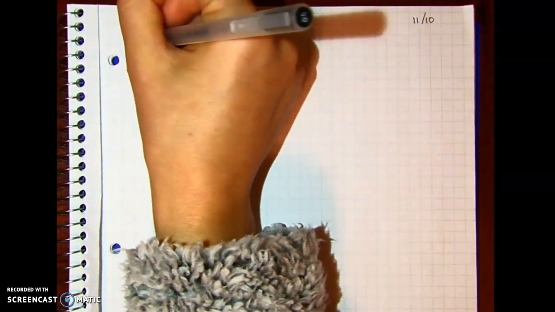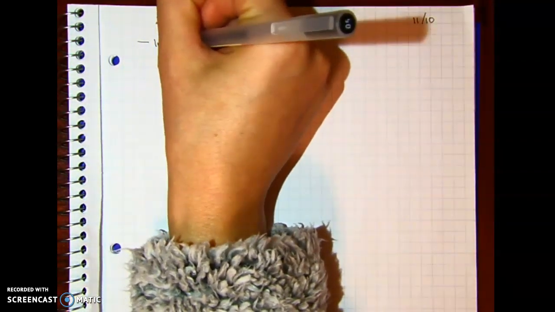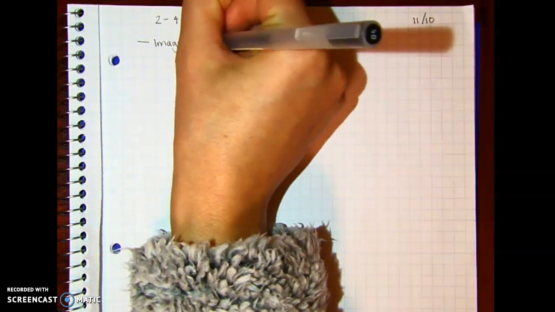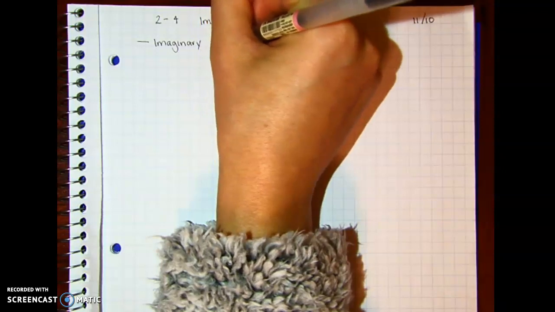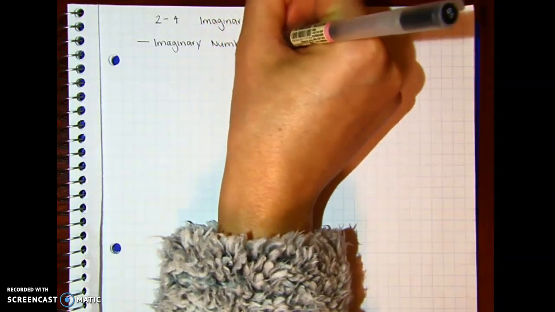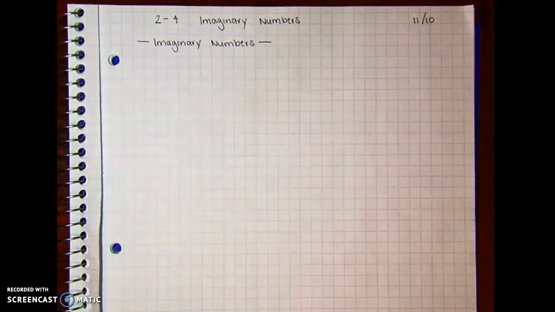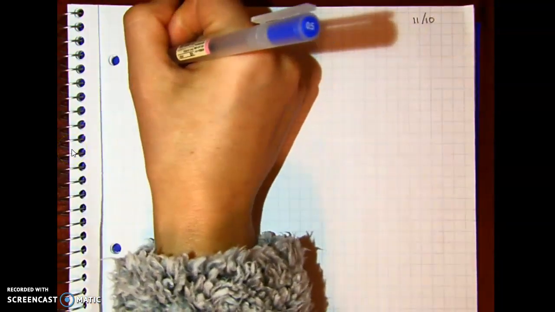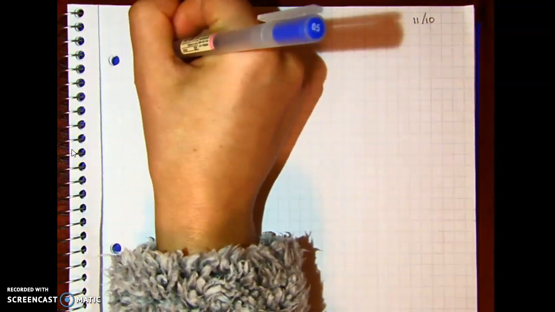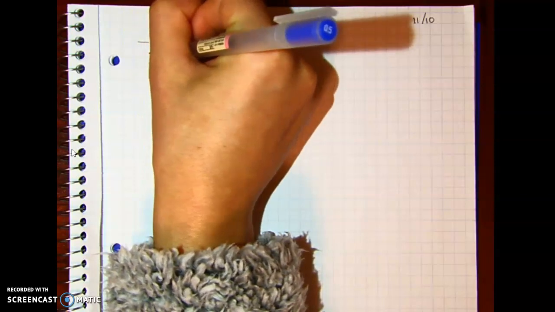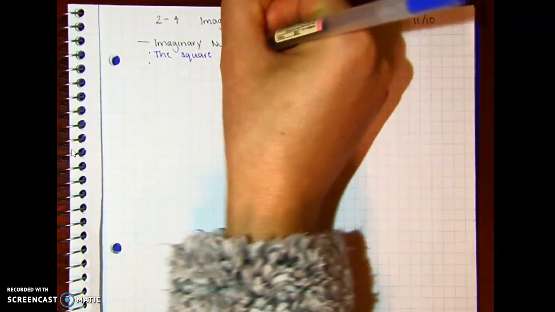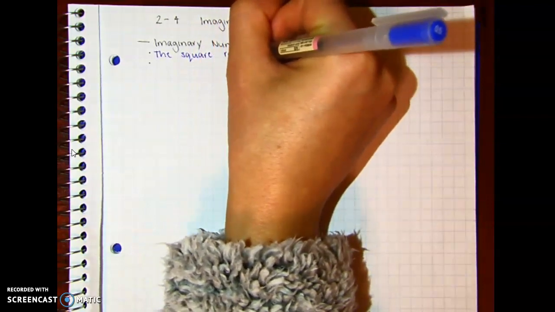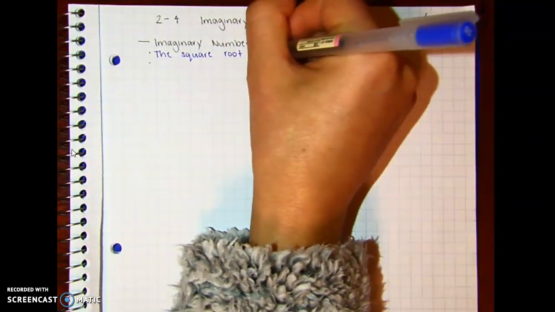So what is an imaginary number? Okay. So the imaginary number is the square root of a negative number.